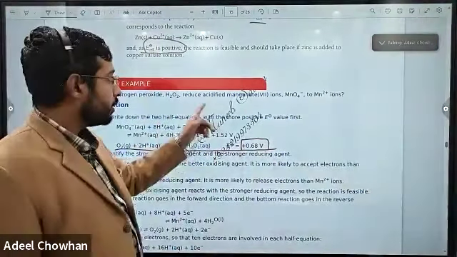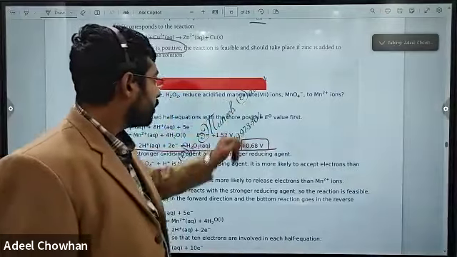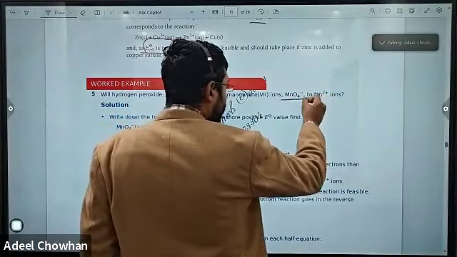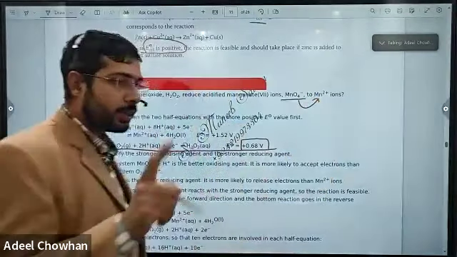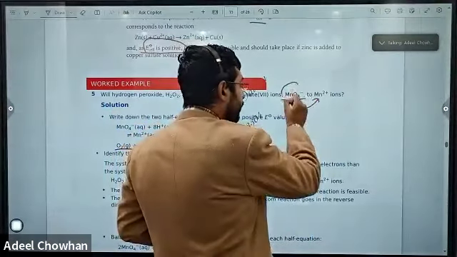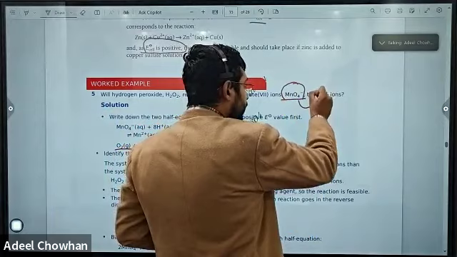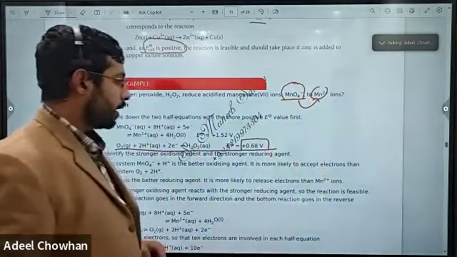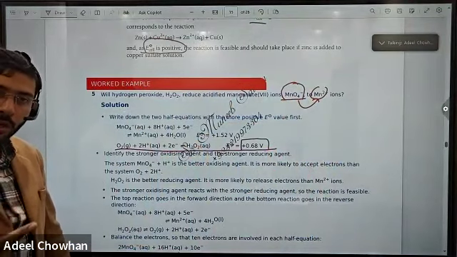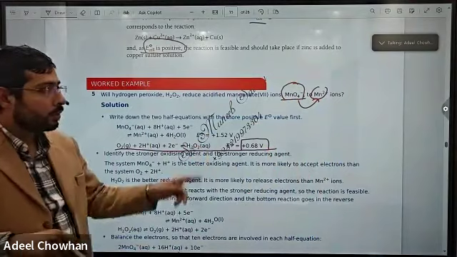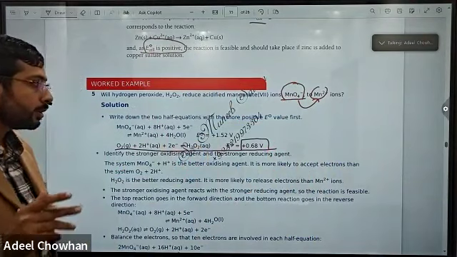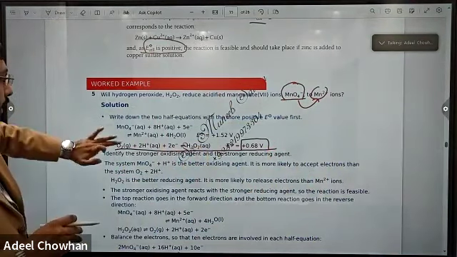And the other equation it's asking about is the acidified manganate(VII) ions, which means Mn from +7 to Mn2+ ions, which means you have to select that electrode potential equation in which these two species are present, MnO4- and Mn2+. However, in the electrochemical series, there are multiple reactions given. You have to select the right one. So if you select the right one, only then will you be able to give the answer.